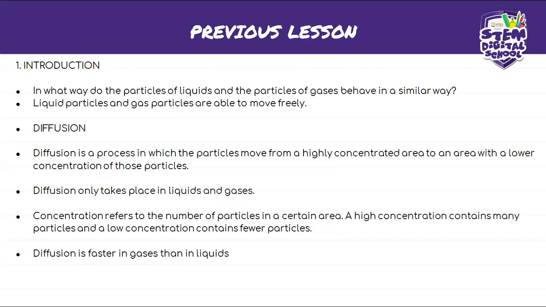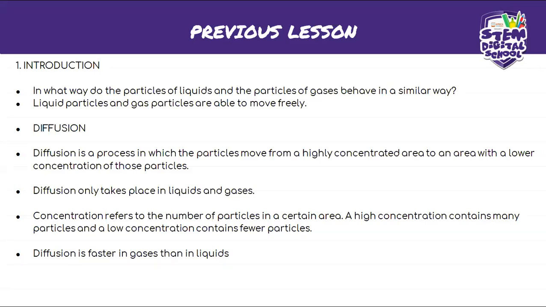We also learned that diffusing only takes place in liquids and gases and not in solids. Concentration refers to the number of particles in a certain area. A high concentration contains many particles and a low concentration contains fewer particles.